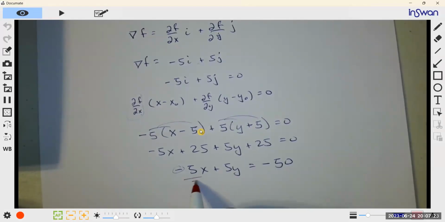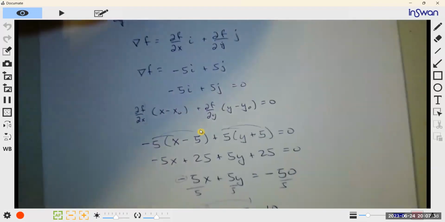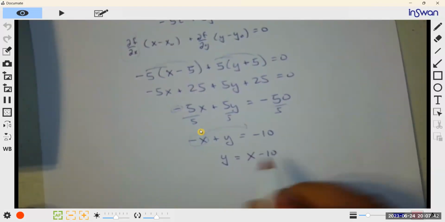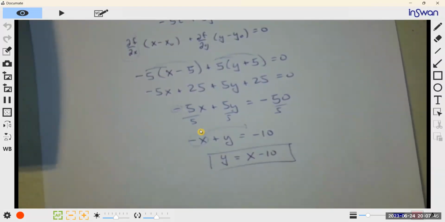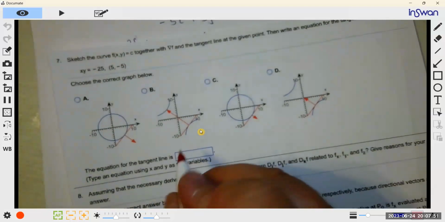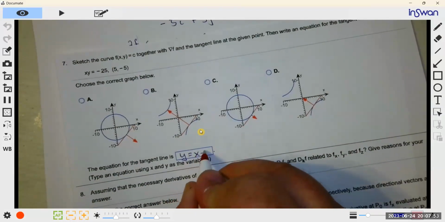So divide everybody by 5. We have negative x plus y equals negative 10. It's a linear equation. Move the x over there. So we add x to both sides, and there's our equation of a tangent line. So the equation of the tangent line is y equals x minus 10.